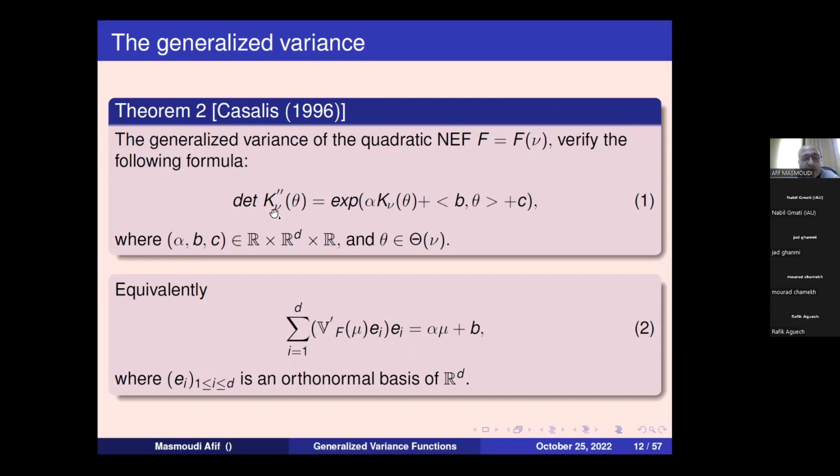And if a natural exponential family verifies the formula 1, the question: is F a quadratic family? So if we take alpha equal to 0 and b equal to 0, the generalized variance is constant. In this case, we show that it corresponds to the Gaussian family.